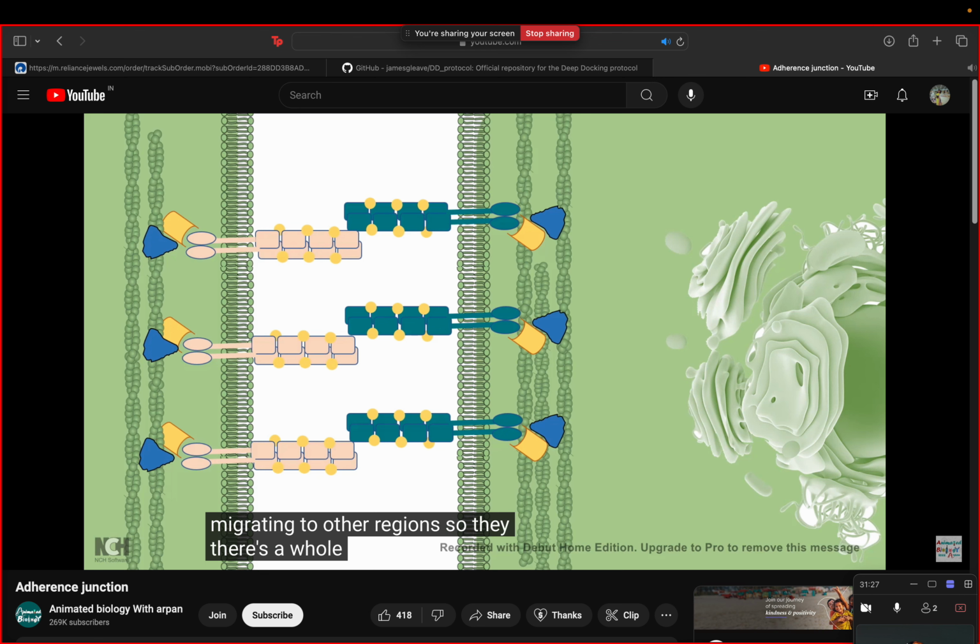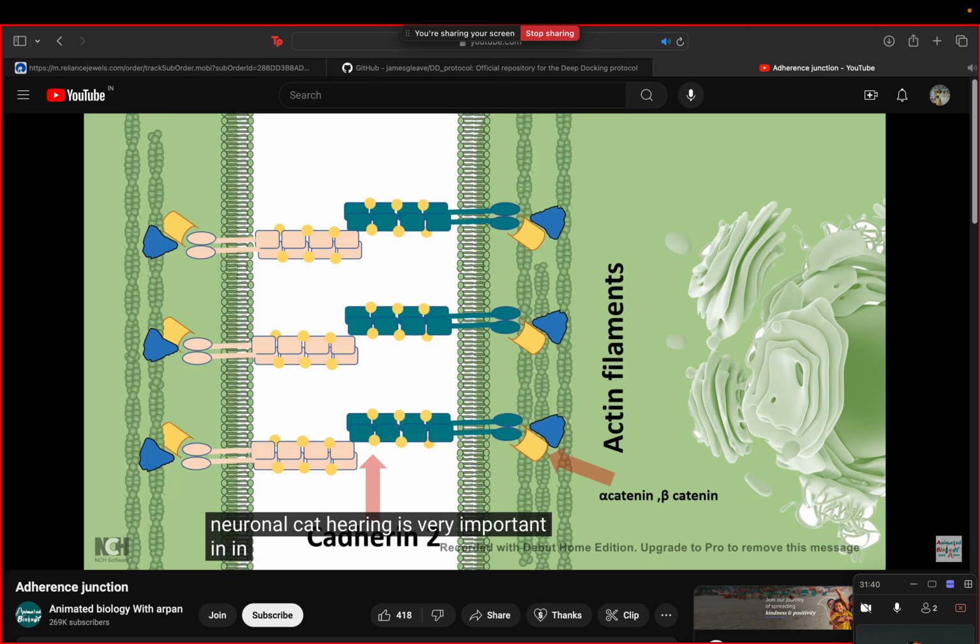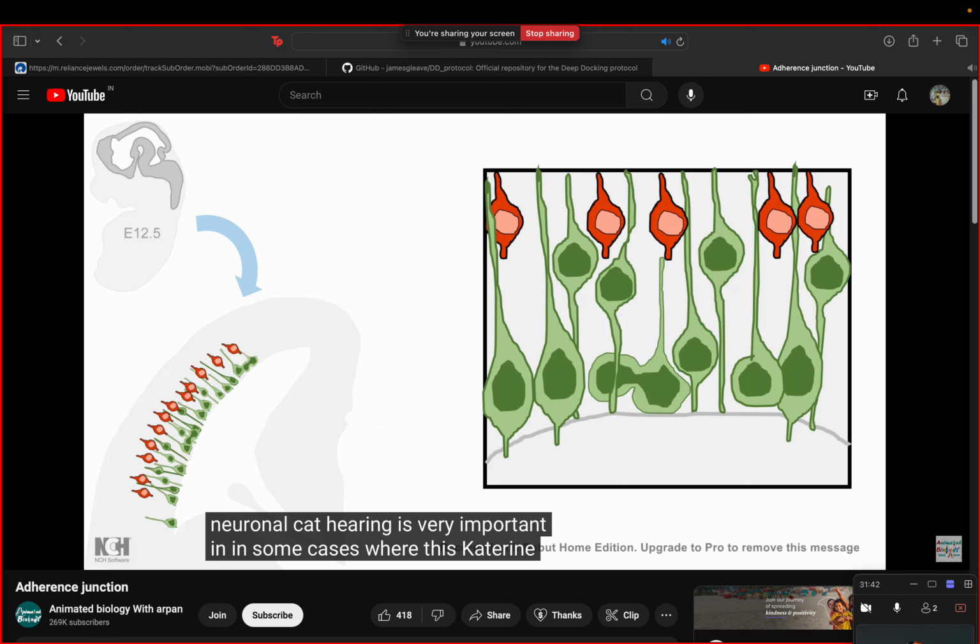So they hold still on the top of the ventricular zone. So this cadherin 2, which is one of the specific neuronal cadherins, is very important. In some cases where this cadherin 2 is mutated, there are drastic changes in the brain.